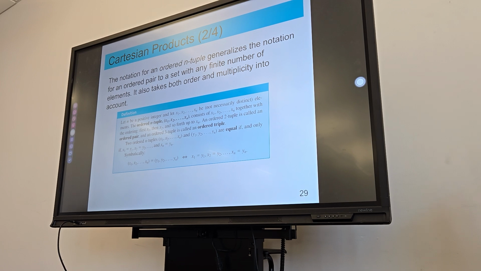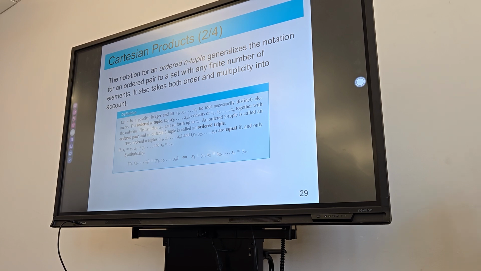Now, the notation for an ordered n-tuple generalizes the notation for an ordered pair to a set with any finite number of elements. It takes both order and multiplicity into account. This is more like an array in C++. Order and multiplicity of elements are a factor in the makeup of an array.